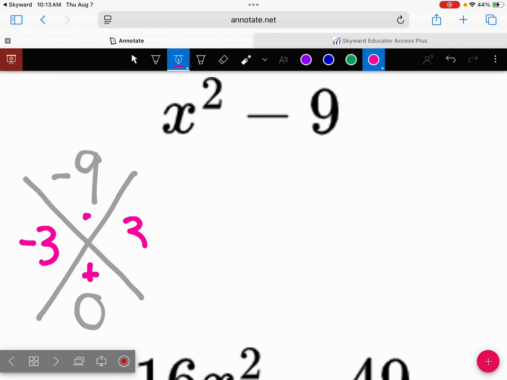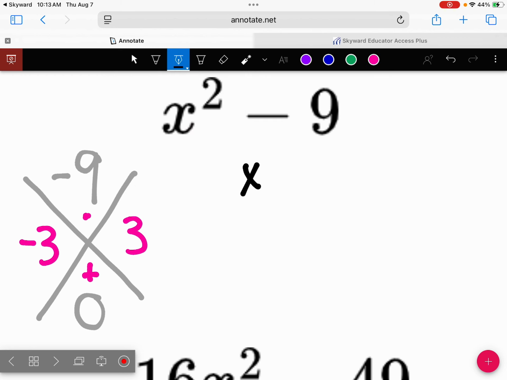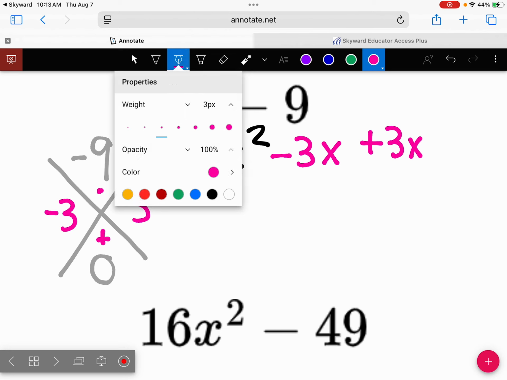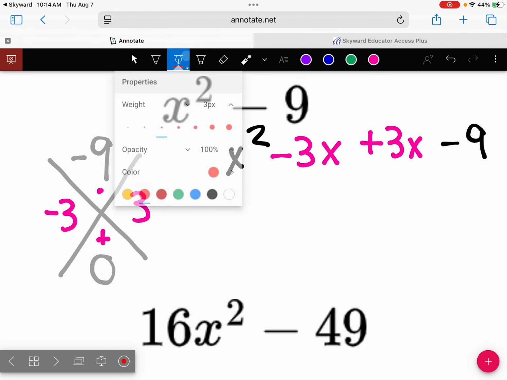Negative 3 and positive 3. So again, I could rewrite this as x squared minus 3x plus 3x minus 9. That's the same thing. If I combine those like terms together, 100% would give me what we started with.